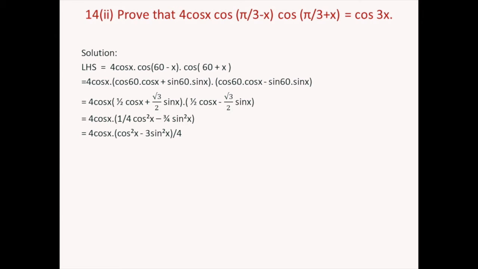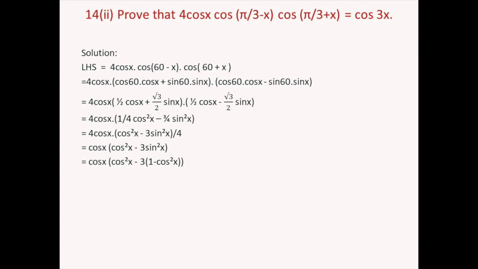When I simplify this, I get 4 cos x times cos square x minus 3 sin square x whole upon 4, which further gives me that 4 gets cancelled off and I am left with only cos x outside. Inside I am left with cos square x minus 3 sin square x.